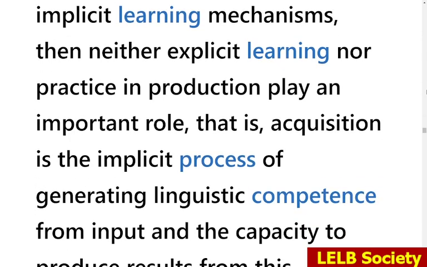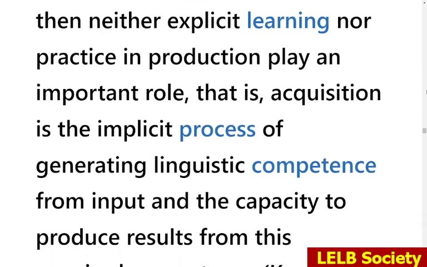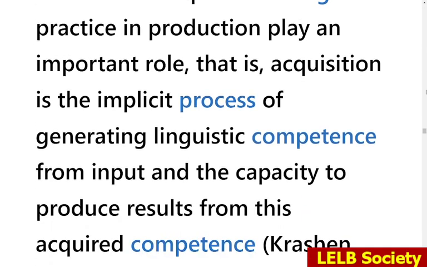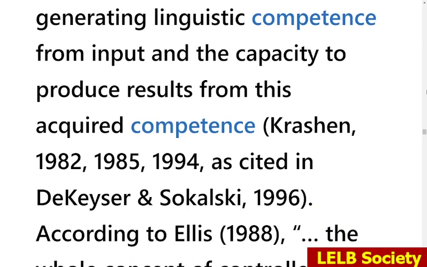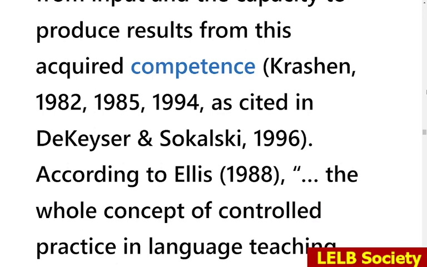That is, acquisition is the implicit process of generating linguistic competence from input and the capacity to produce results from this acquired competence. Krashen, 1982, 1985, 1994, as cited in DeKeyser and Sokolik, 1996.